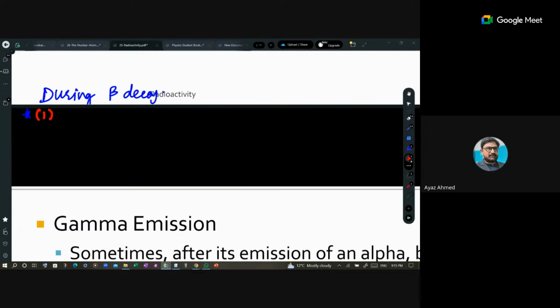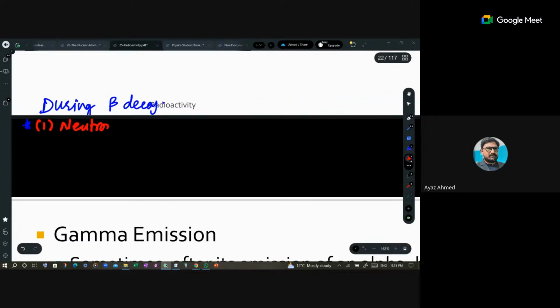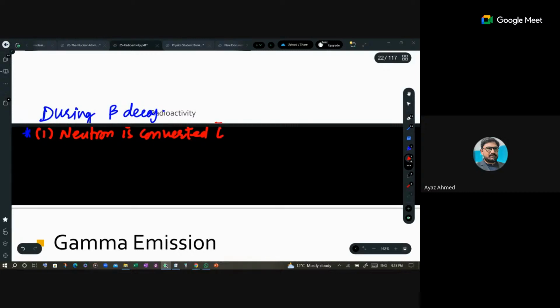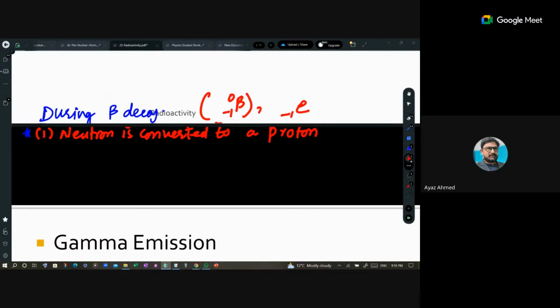A neutron is converted to a proton. And beta means negative beta, or you can say -1 and 0, or it can also be written as -1 and 0 with electron notation.